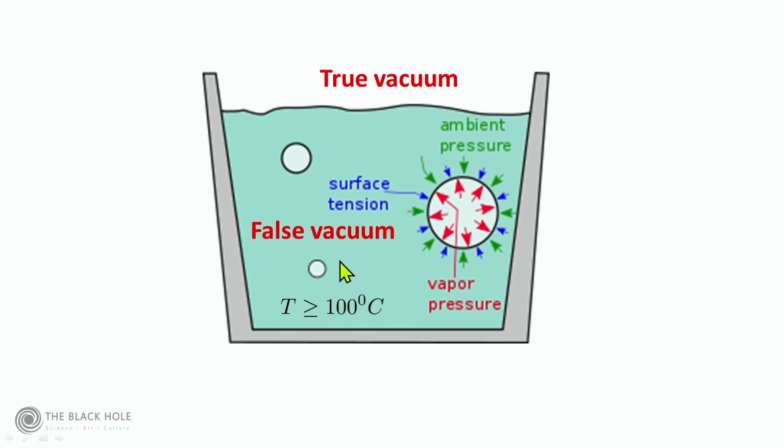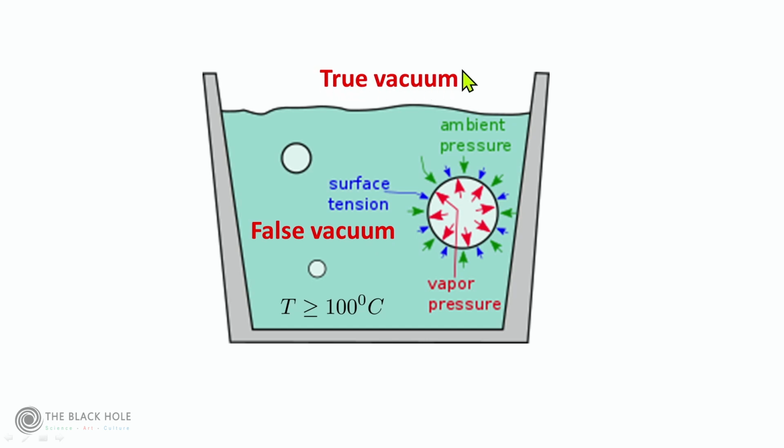So let's say that T is something like 120 degrees centigrade or 150 degrees centigrade. So it's superheated water. And this is what we will call the false vacuum. False vacuum because it wants to go into the vapor stage, which is the true vacuum, which is the true ground state of the theory.